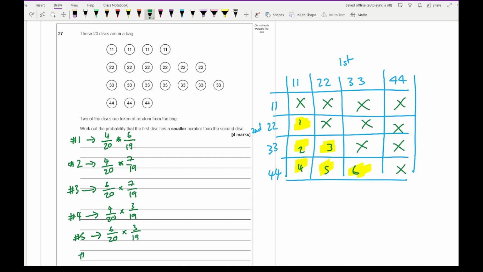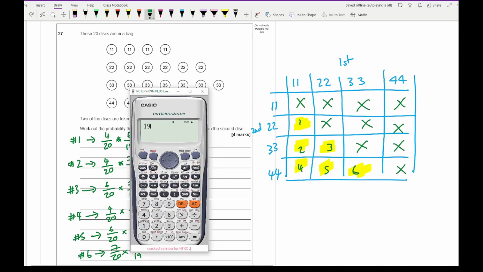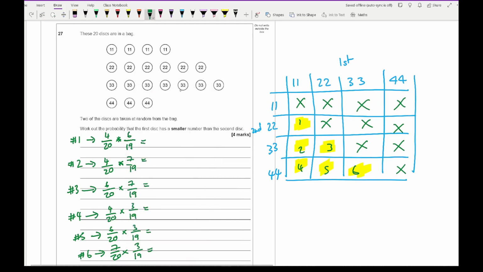And then finally option 6, which is 33 first, which is 7 over 20, followed by 44, which is 3 over 19. Then if I work out what each of these probabilities are, let's get the calculator out. Let's do 19 times 20 first, which is 380. So all of these are over 380.